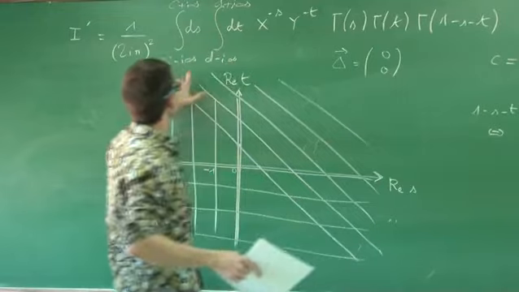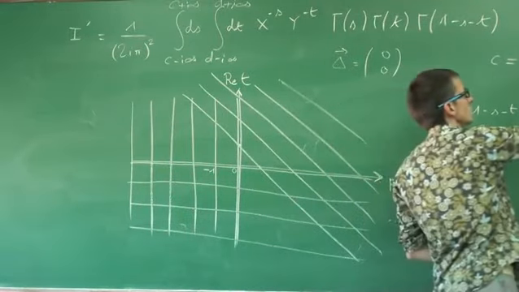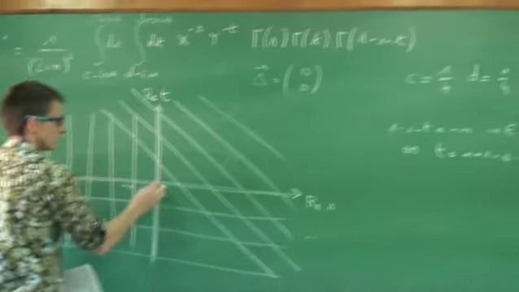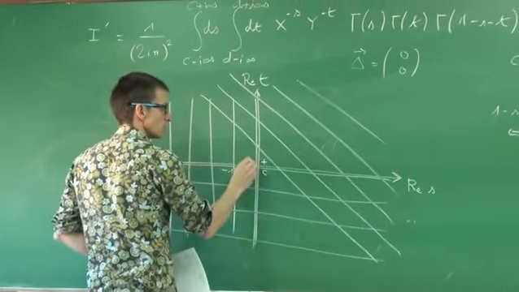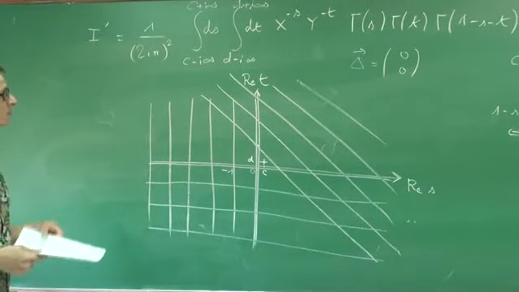This is the singular structure of our integral. And I said that C and D are at this value. Okay, so they are here. In fact, the point is here. There is C, D. Okay?